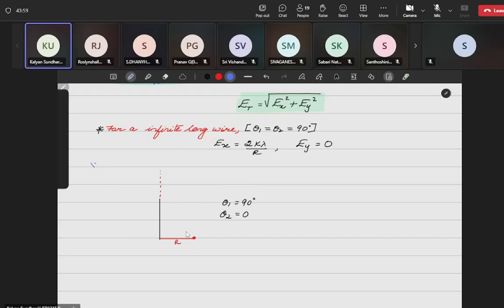This is for the second case, for a semi-infinite wire.